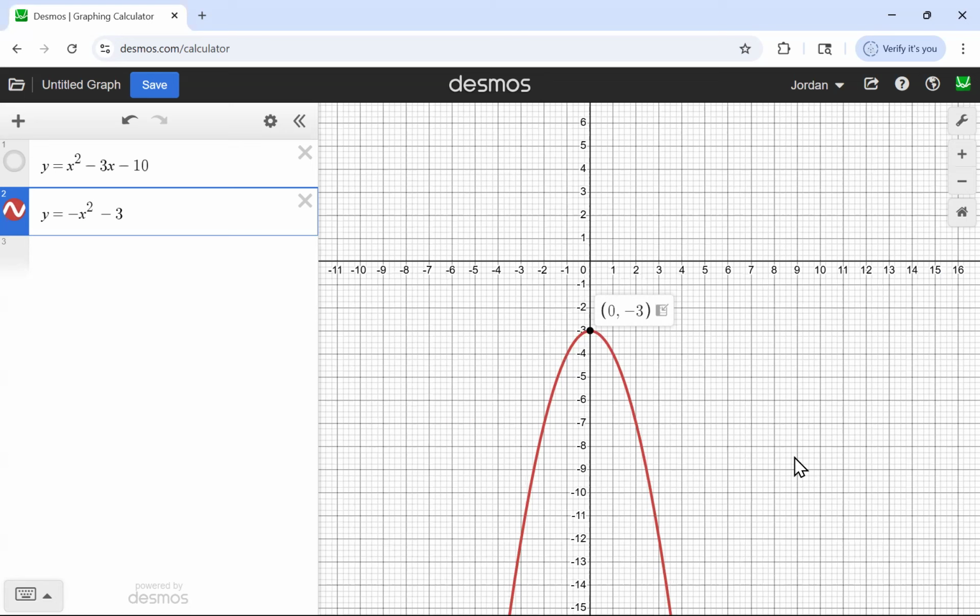So there's no x-intercept with this one. Later on in this class, we'll see how to actually see that algebraically rather than by just graphing. But here, one y-intercept, no x-intercepts.